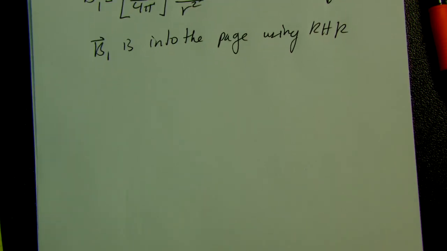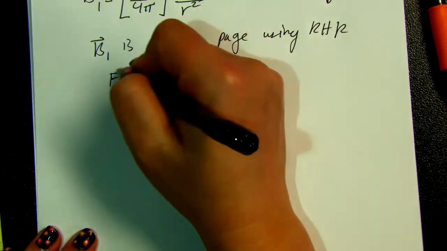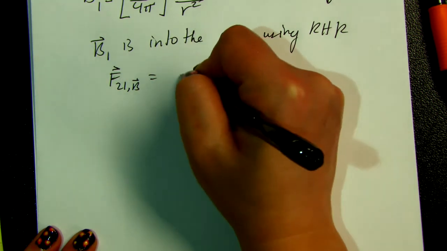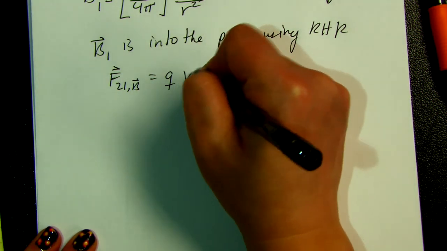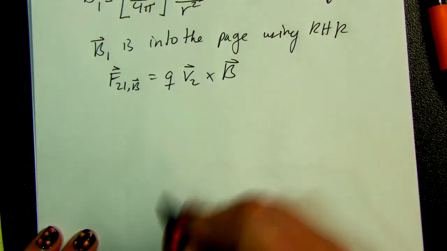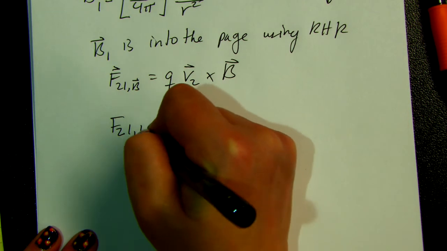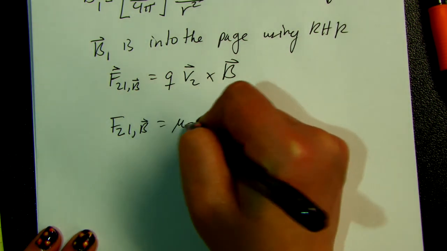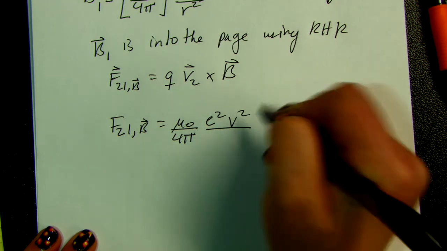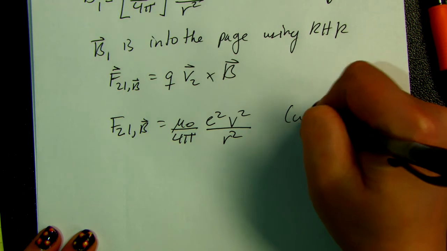All right, so next up we want to look at F21 magnetic, which is equal to q2 v2 cross B. And so F21B is equal to mu naught over 4 pi q1 q2 v2 over r squared, and it's going upward.